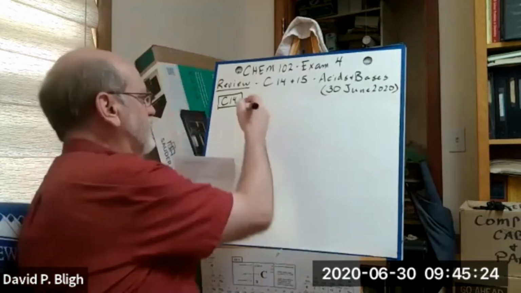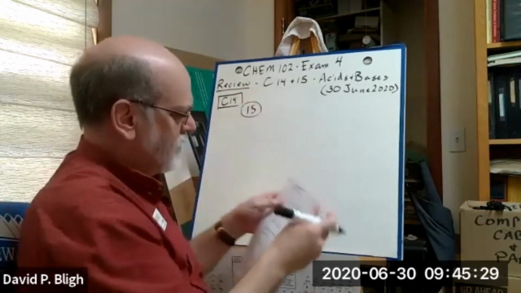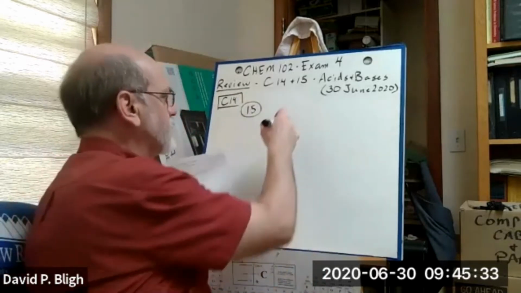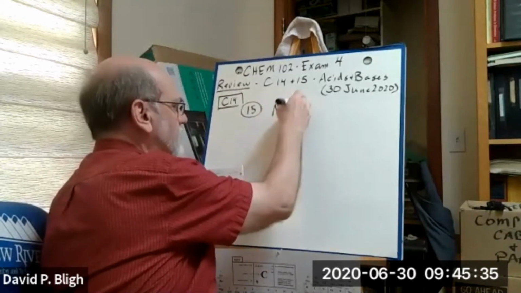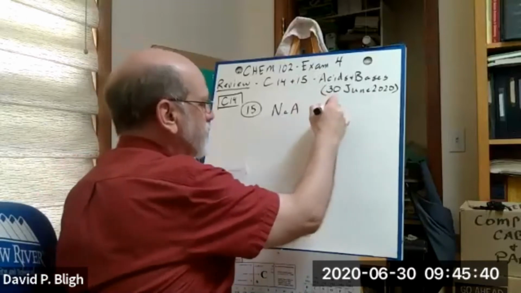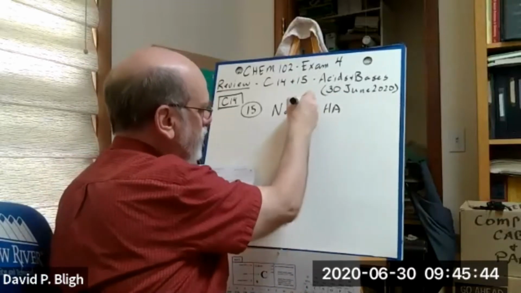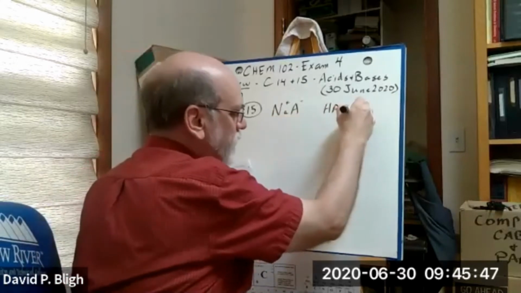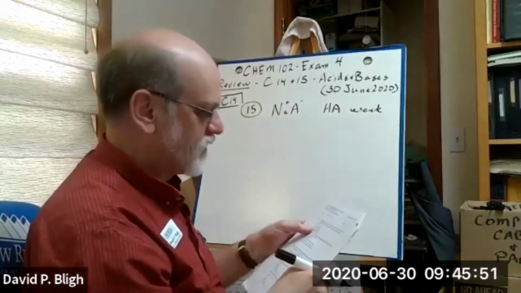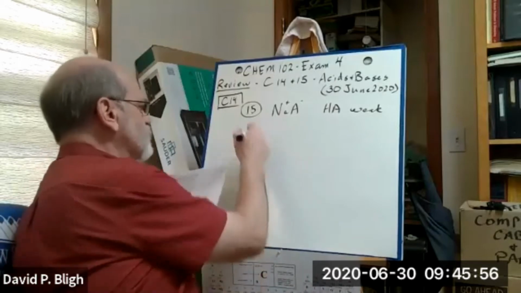Okay, let's look at 15. So we dissolve a sodium salt of an acid. Could be anything. The associated acid with this conjugate base is weak. Dissolve it in water. Don't put anything else in it. Which of these is true?